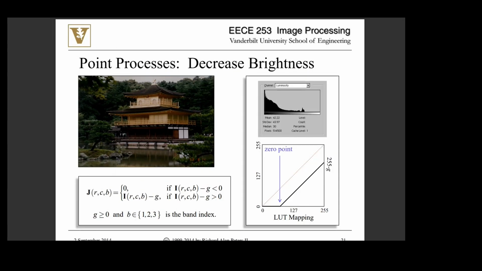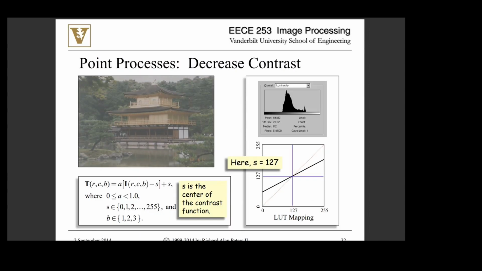Okay, and to decrease the brightness, we have to saturate on the lower side, and you do it by subtracting a value. And we can decrease the contrast.